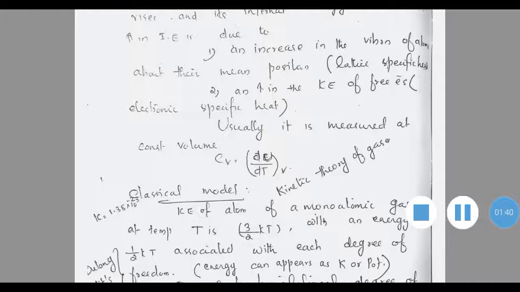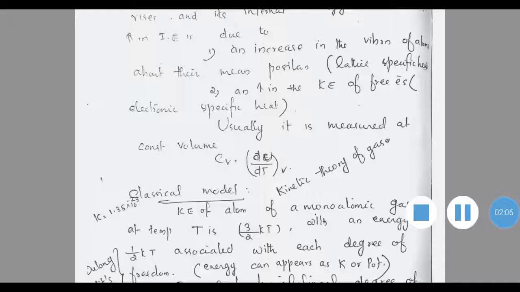Now we have different theories to define the variation of the lattice specific heat of solids with temperature. The first theory is the one introduced by Dulong and Petit, known as the classical model, which is based on the kinetic theory of gases.